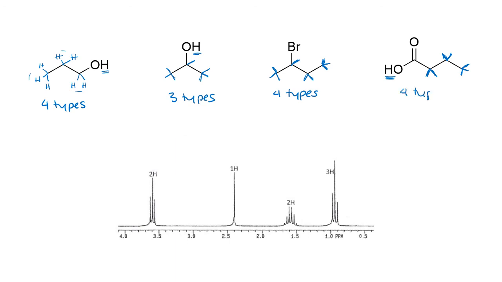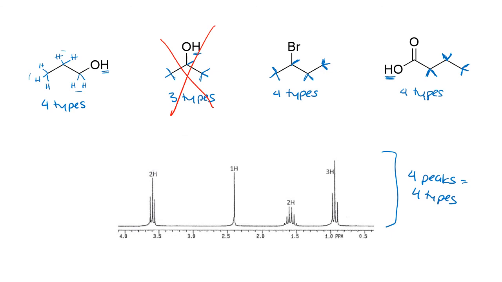So we have 4 types. Now, looking at our NMR graph, we have a total of 4 peaks. Remember, the 4 peaks means 4 types of hydrogens. So already, we can get rid of this as one of our possibilities.